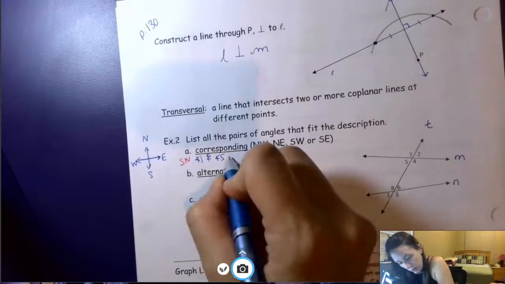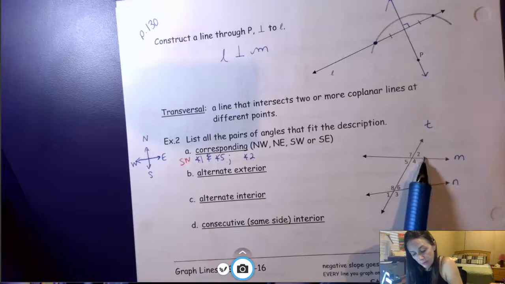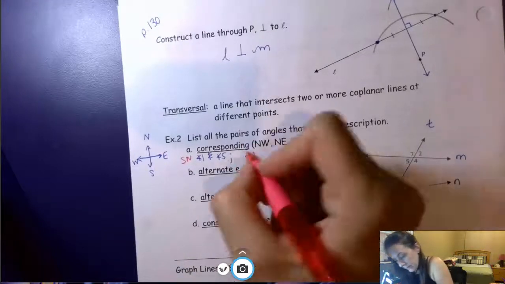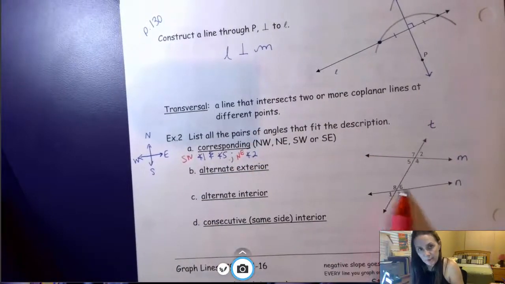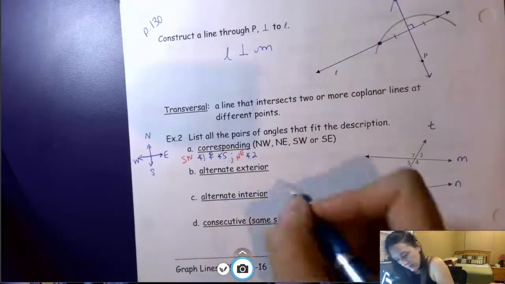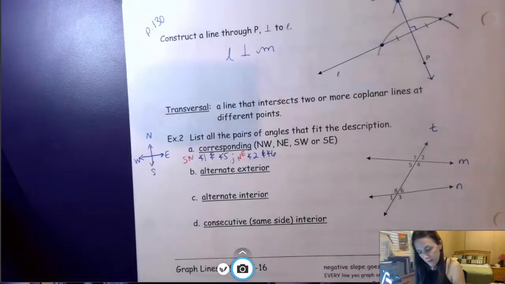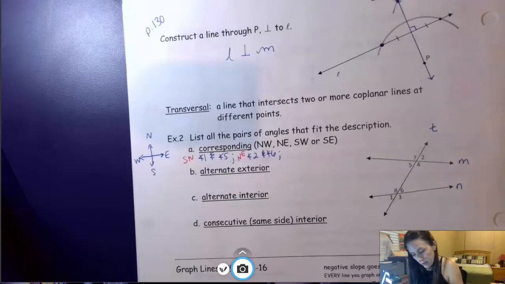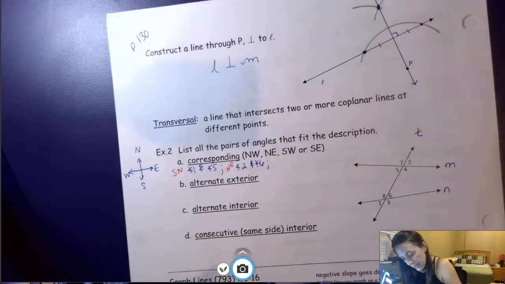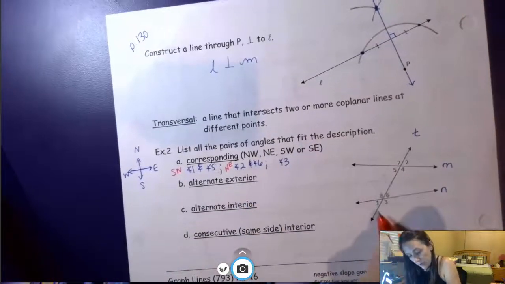Now I want to know angle 2. Angle 2 is up here. Angle 2 is in the northeast. Northeast right here. Which angle is in the northeast of this set? Angle 6. You could pause and finish all of these and see if you can figure them out. Okay, my next one, let's start with 3. 3 is down here. It is in the southeast.